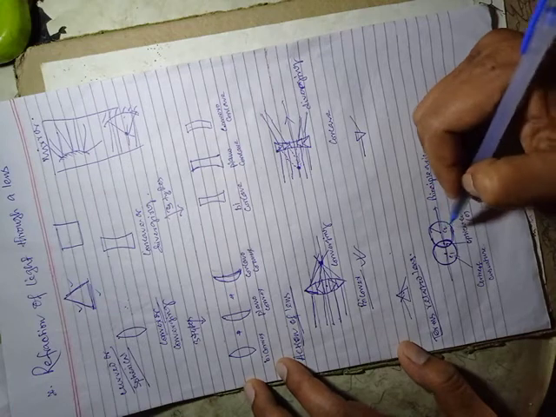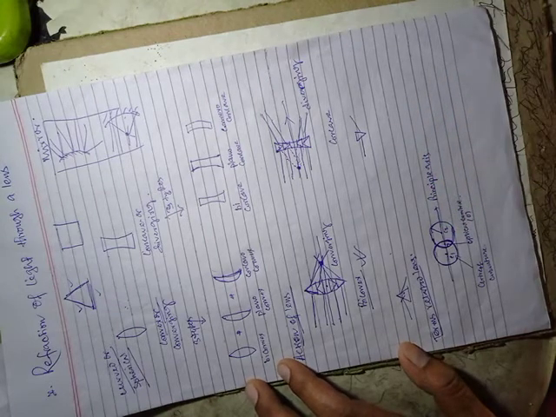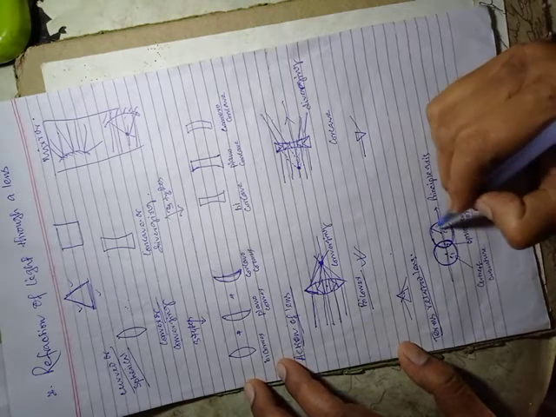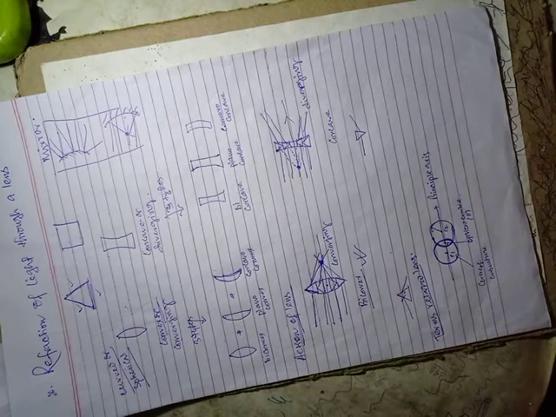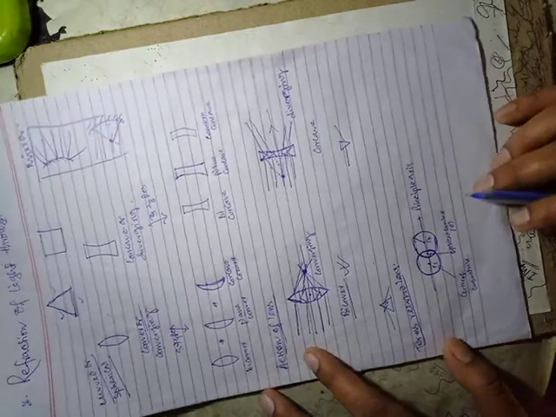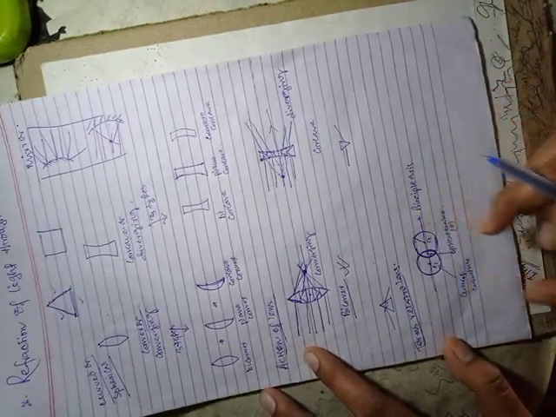The radius of the circle of which the lens is a part is called the radius of curvature. I hope students you understand. That is the convex lens.